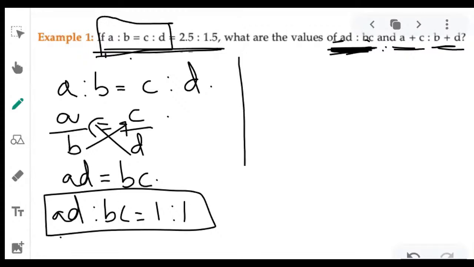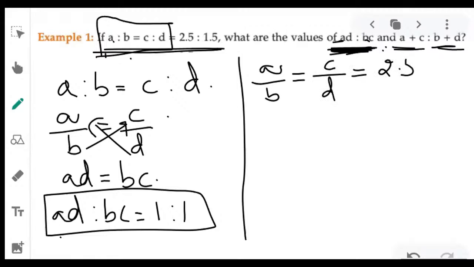Now we'll go to the second part of the problem. So I'll write this in fraction form. A by B is equal to C by D equals 2.5 by 1.5. First of all, I don't want decimals in my ratios.